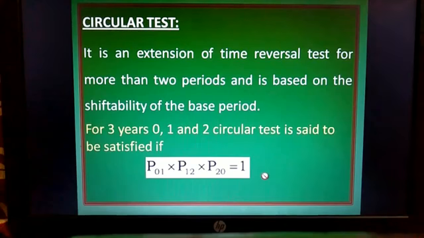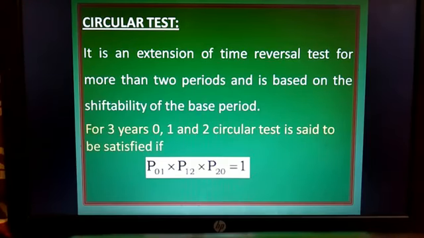In time reversal test also, right hand side was 1, here also it is 1, but the only difference is in time reversal test we had only 2 time periods. Here it is more than 2 time periods. We have been told in our syllabus to consider 3 years at the maximum.